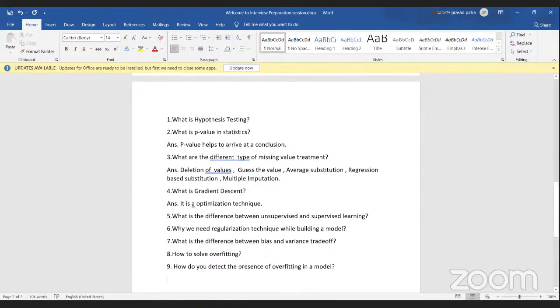The next question. How do you determine the number of clusters in clustering?